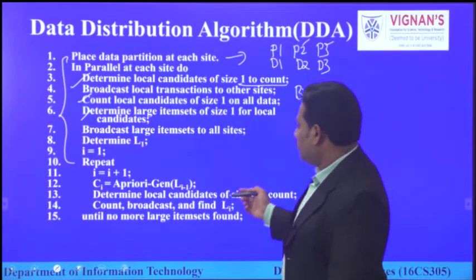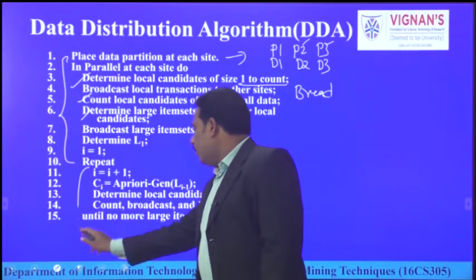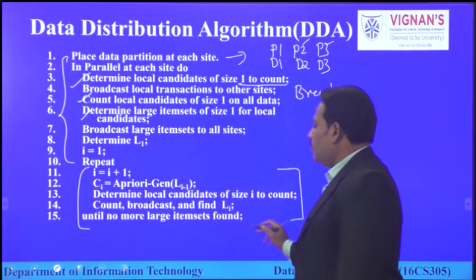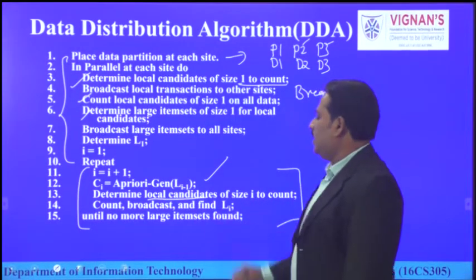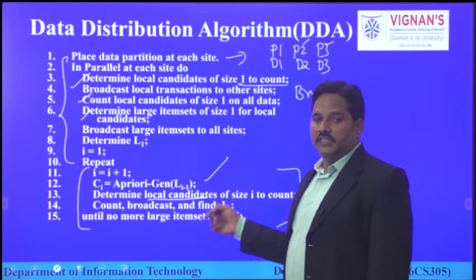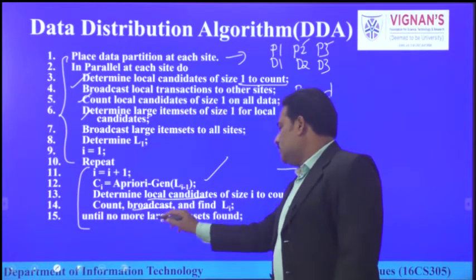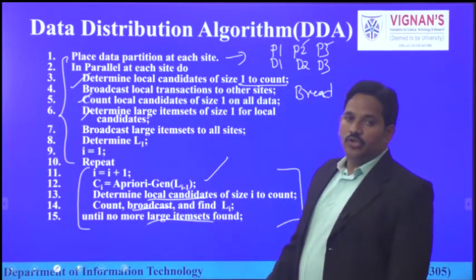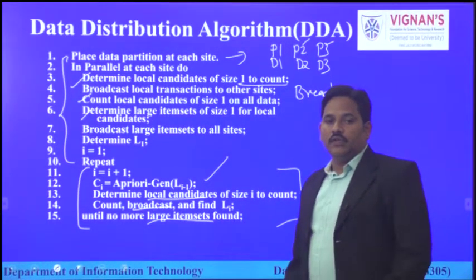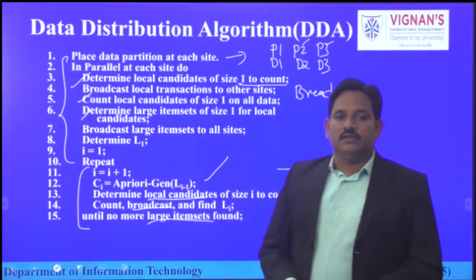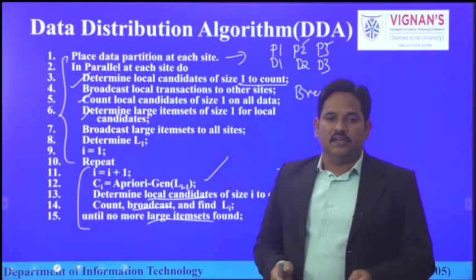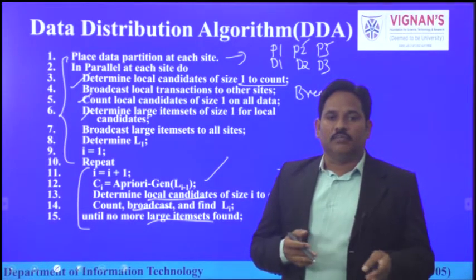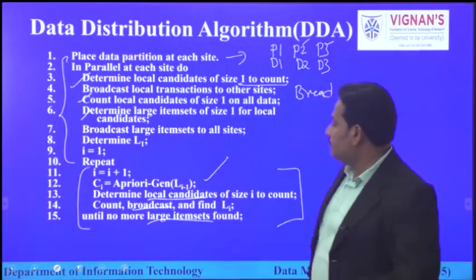After completion of this, we repeat the a priori algorithm: candidate generation, determine the local candidates, take the count of each item set, broadcast it, and repeat the process until there are no more larger item sets. When we are dividing the data for parallelism, we can go for CDA. When we want to do the task in parallel, we can go for DDA.